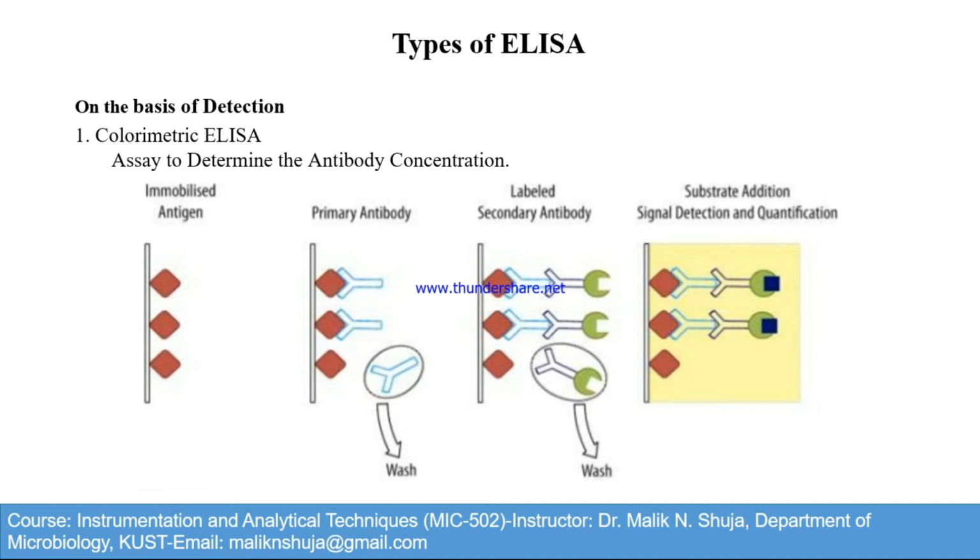Any type of enzyme can be linked with the secondary antibody. And the last step: a substrate is added to the reaction and the enzyme converts the substrate into the final chromogenic product, which can be further read in the ELISA reader. So this is the colorimetric ELISA.